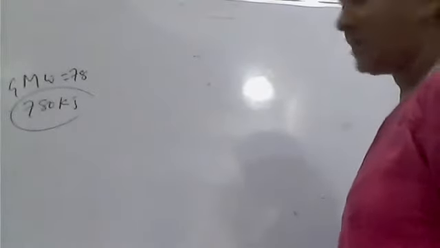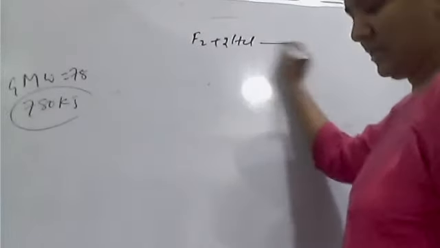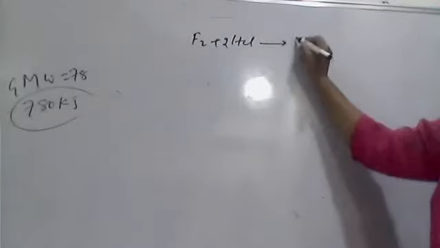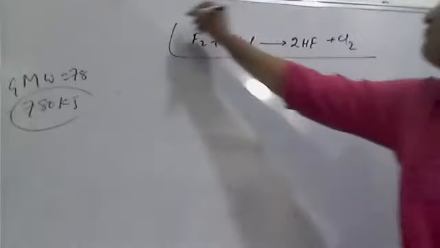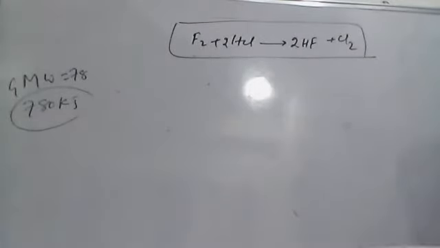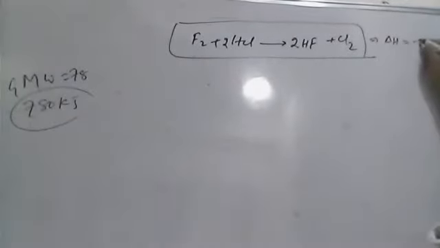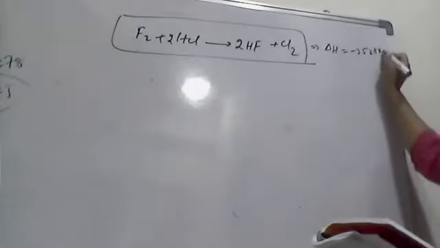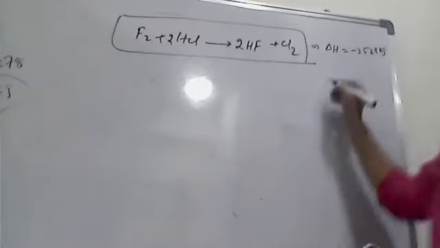Delta H for the reaction F2 plus 2HCl gives 2HF plus Cl2. The balanced equation is given in the question, and the heat of reaction for this reaction is given as minus 352.8 kilojoules.